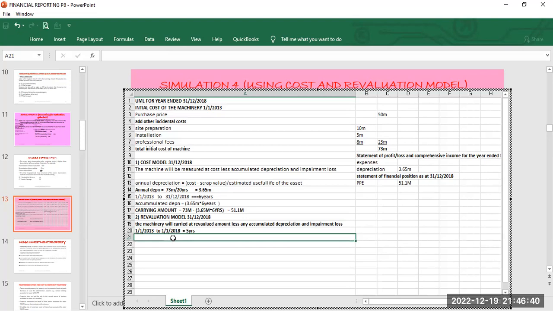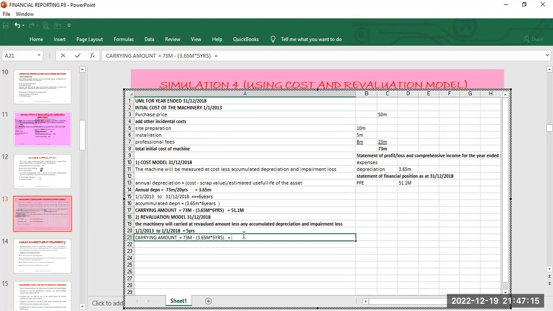Now we need to know the carrying amount of the asset from the date it was acquired. Remember from our previous example, the cost of the asset was 70 million. The annual depreciation computed was 3.65. But this time around, we are not multiplying by 6, we are multiplying by 5 because there are 5 years. The revaluation took place after 5 years.